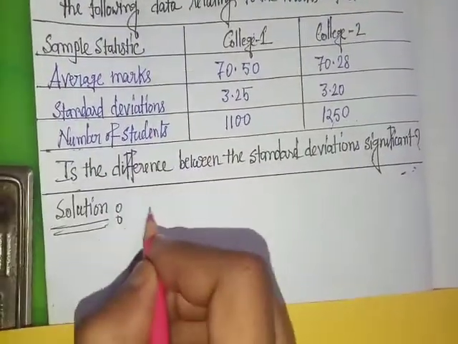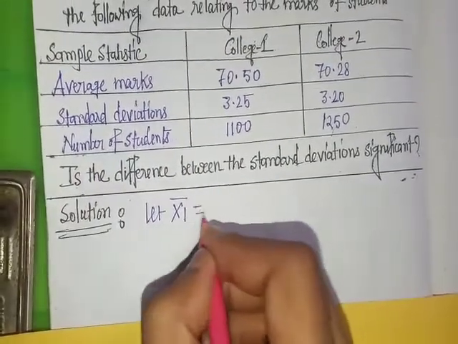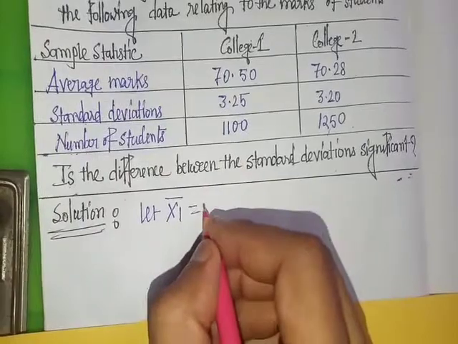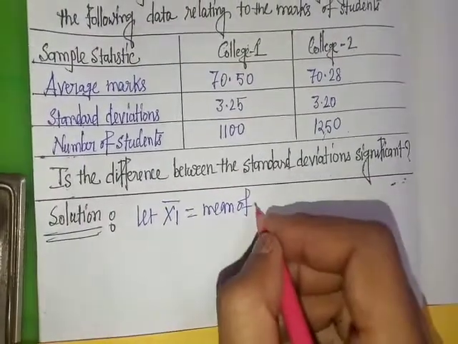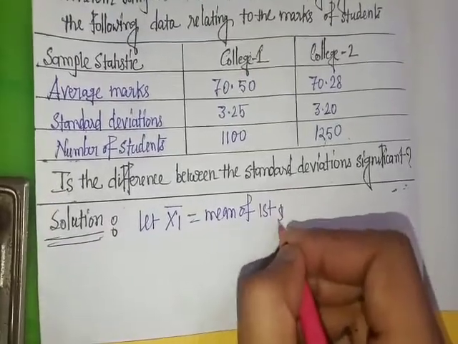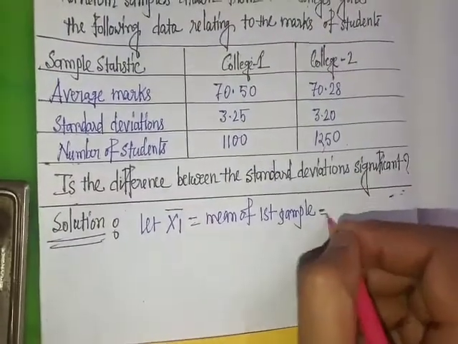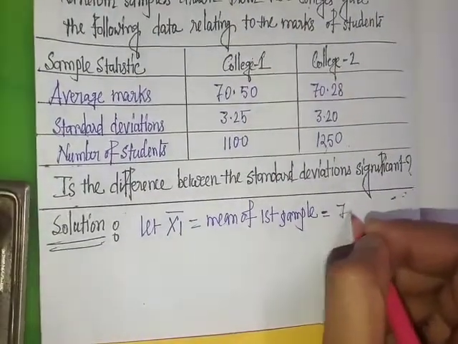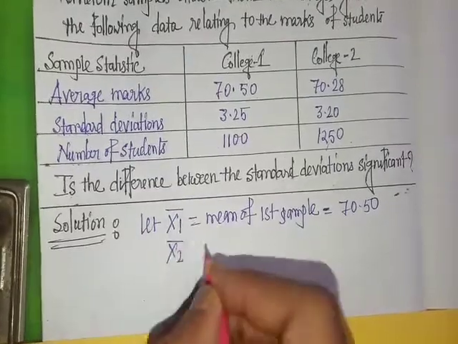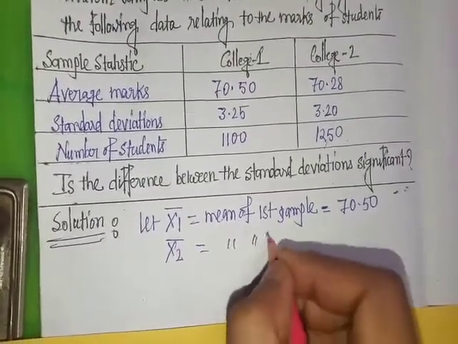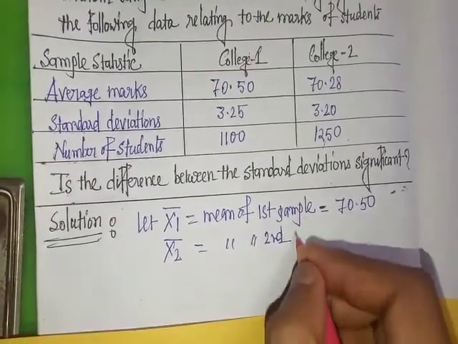Let x1 bar be the mean of the first sample. Mean means average. So mean of first sample is 70.50. And x2 bar is the mean of the second sample.